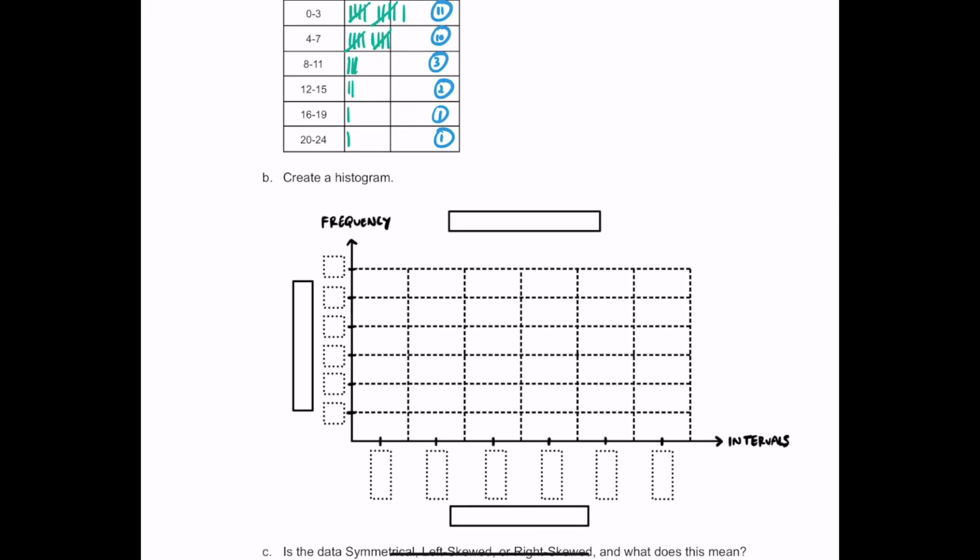Histogram, I don't know. Let's call these ballers, or whatever you want to call it. And we'll call these, I guess I can use the same color, shots made. And then this is the number of students.